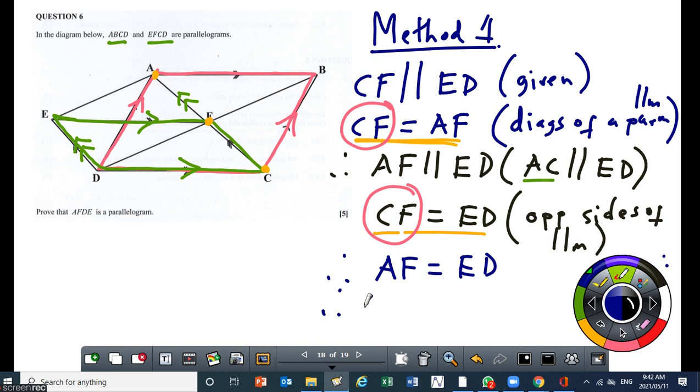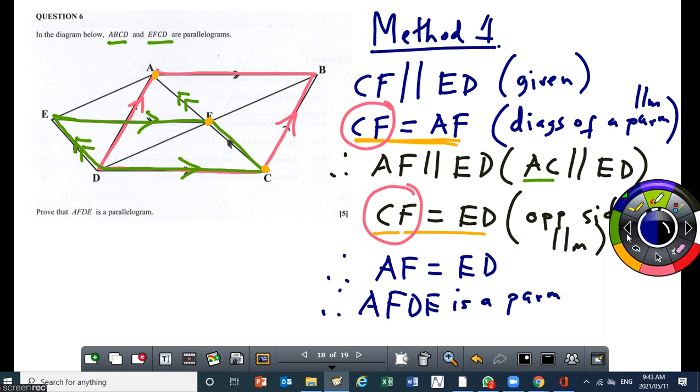Therefore AFDE is a parallelogram, right? My reason there is going to be one pair of opposite sides equal and parallel. Okay? It's going to be a pair of opposite sides equal and parallel. Let me write it using another color.